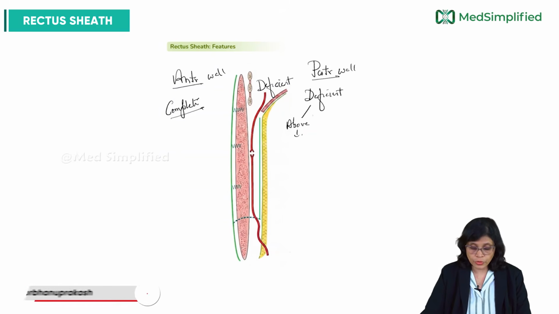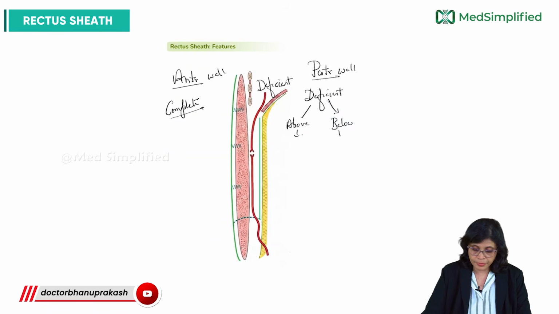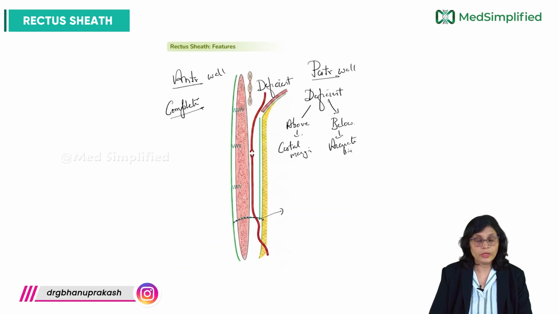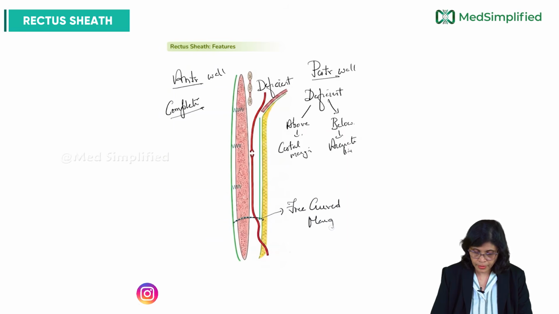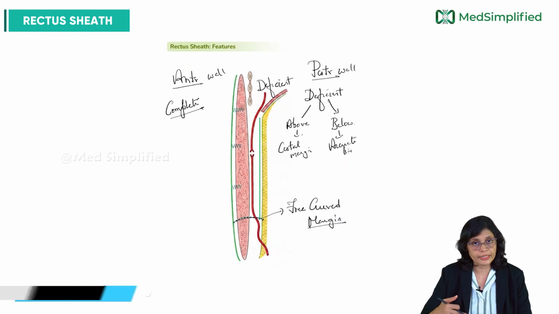Then it is also deficient below the arcuate line. Below, the posterior wall presents a free curved margin with the concavity facing downwards.